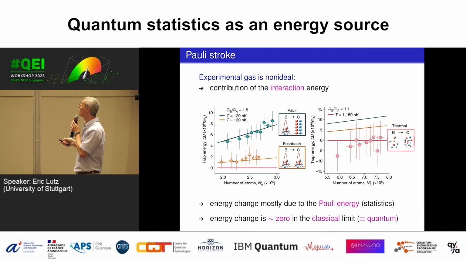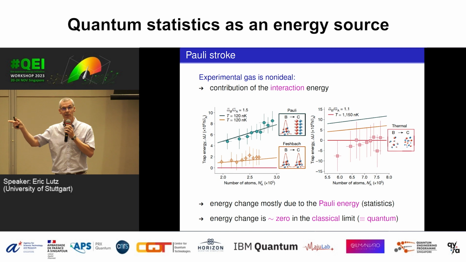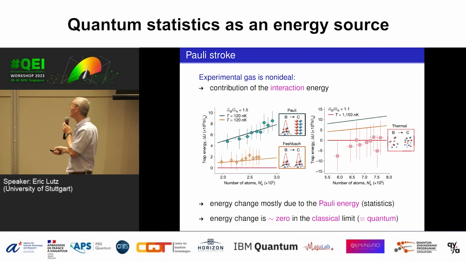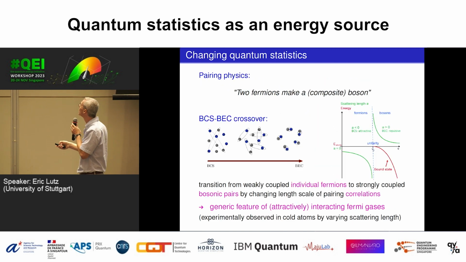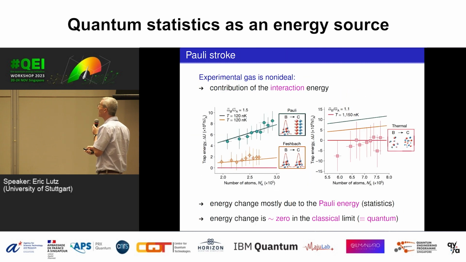So there's a nice increase in the energy change. But now let's not go to the change of statistics. We approach it. So if you remember the curve I showed you before, well, I'll just do it. We move down here. If we end up at this point, we change the statistics. However, if we stop shortly before, we still remain in the bosonic part. So we don't change the statistics. And let's see what happens if we do that. So that's what we see down there.